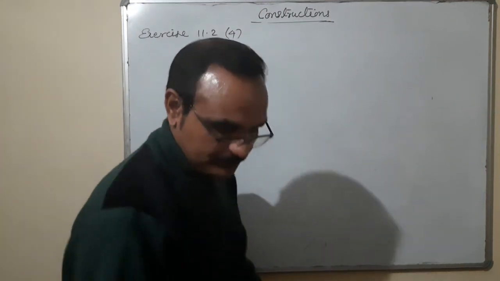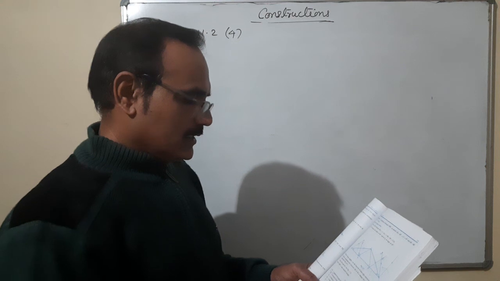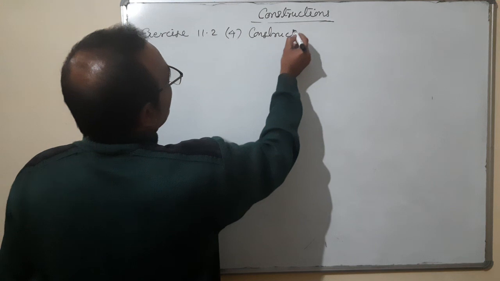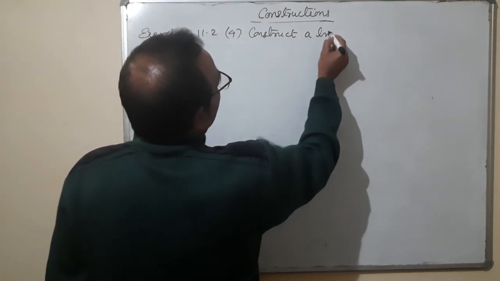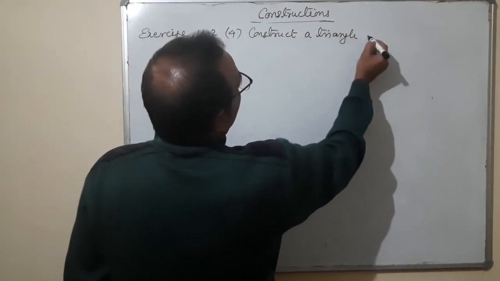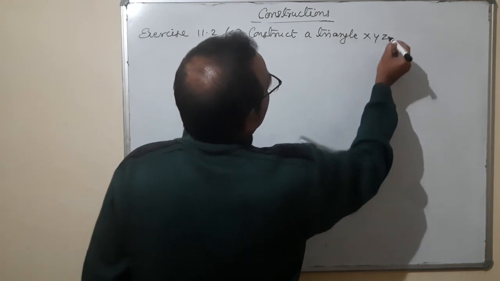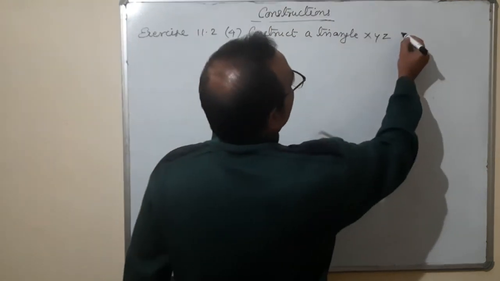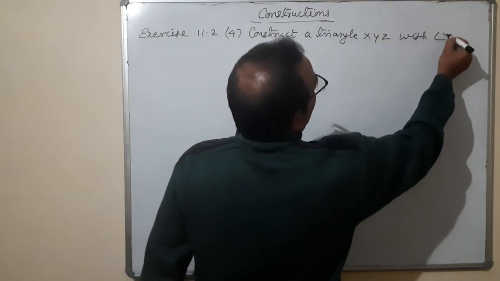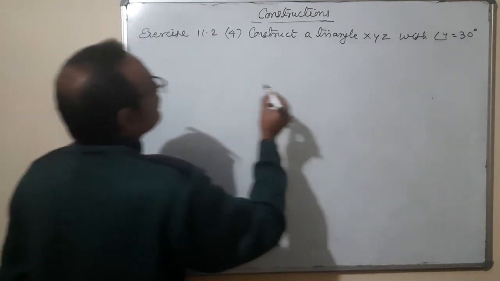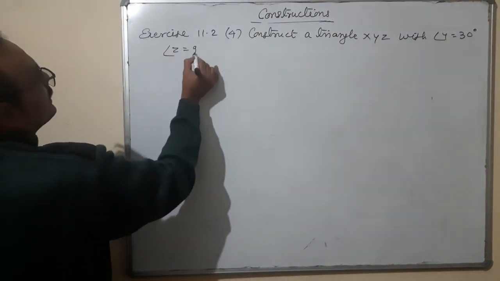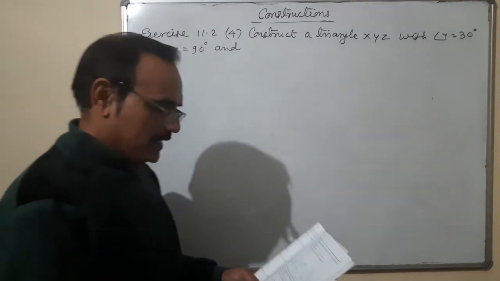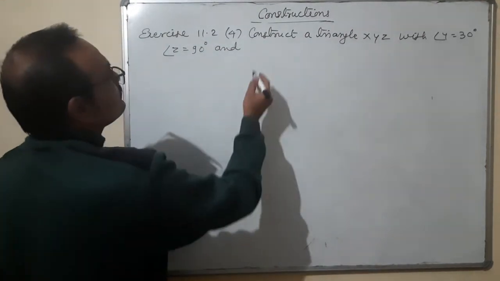Fourth question is, construct a triangle XYZ with angle Y equal to 30 degree, angle Z equal to 90 degree, and XY plus YZ plus ZX is equal to 11 centimeter.